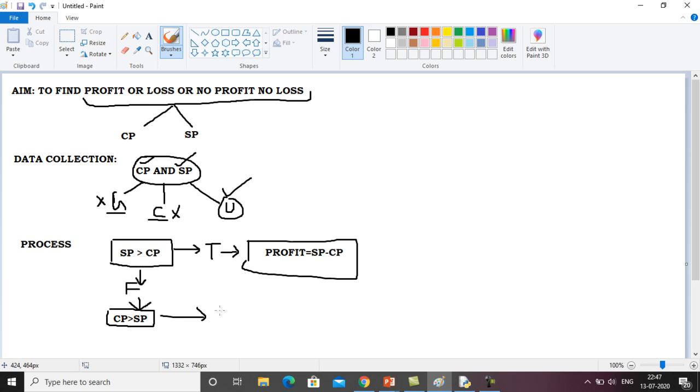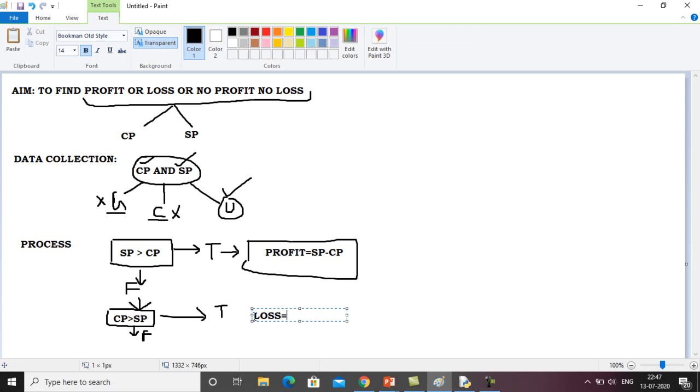Either this condition may be true or it may be false. So there are only two possibilities with it. But suppose the given condition is true, it means the cost price is greater than the selling price, so it shows that the person is getting a loss.